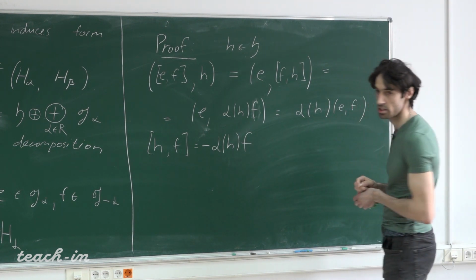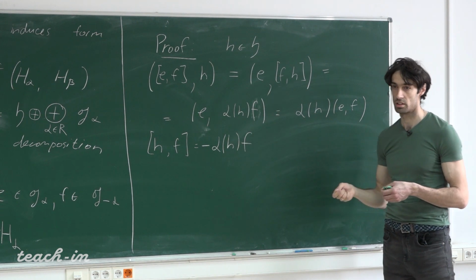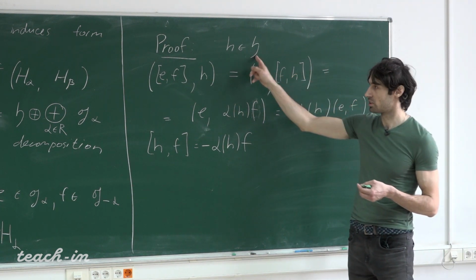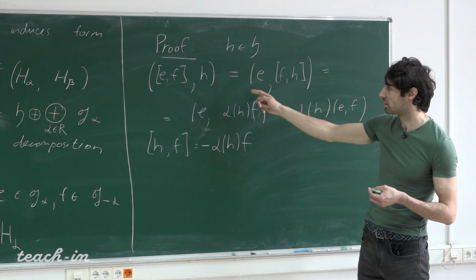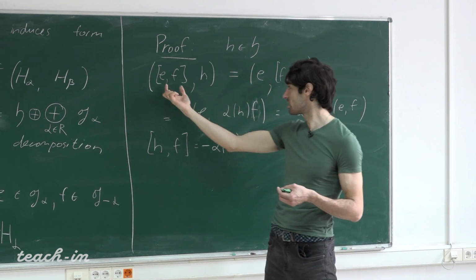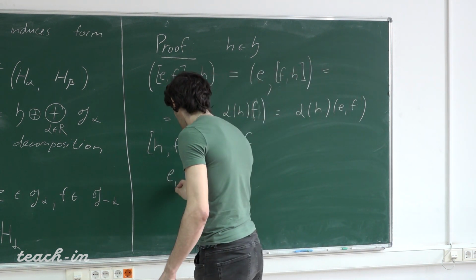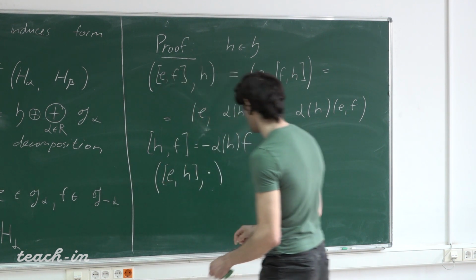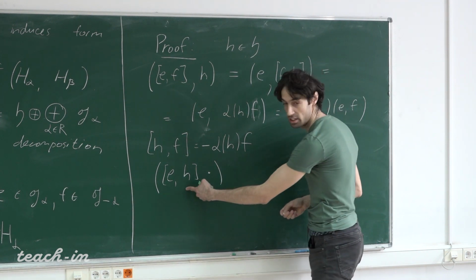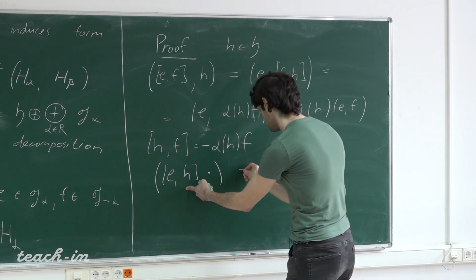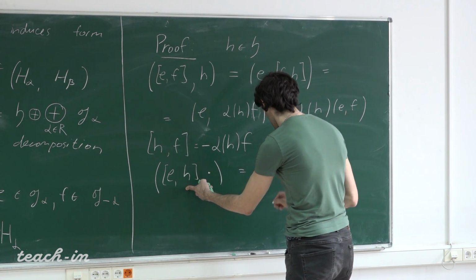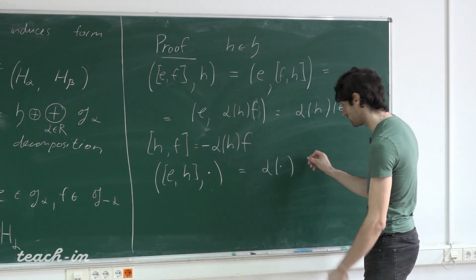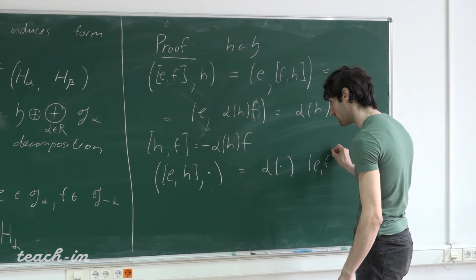So I have this, right? And this is just a number. I factor it out. Now what I have is that for every element H, this thing, E H, as a linear functional, is the same as the linear functional alpha computed on something that I put inside here, times this number.